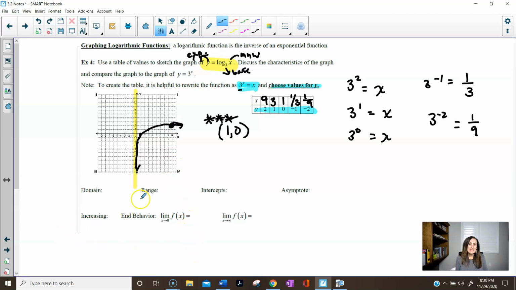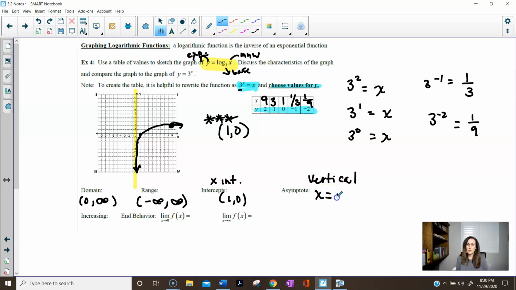All right, so domain. The domain is your left to right, and we're not going to include 0, and we're going to go out to positive infinity. The range goes from -infinity to infinity. Your intercept is your x-intercept, which is going to be 1, 0. Your asymptote is a vertical asymptote. So for vertical asymptotes, you are going to use x equals.